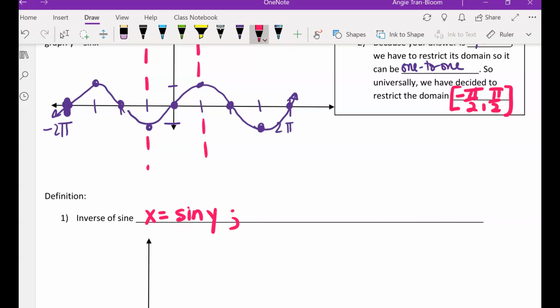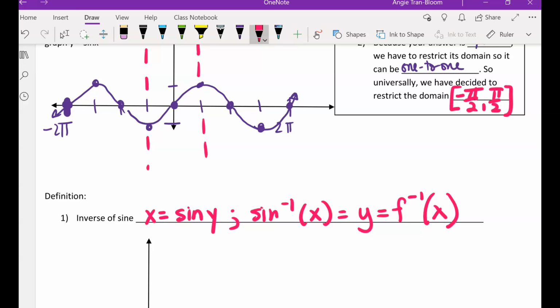We compose the sine inverse. So sine inverse of x equals y. Now, to give us a notation that we can all understand as the inverse of the original, instead of saying y equals, we go f to the -1 of x. This tells me that this is the inverse of my original function f, which is sine inverse of x.